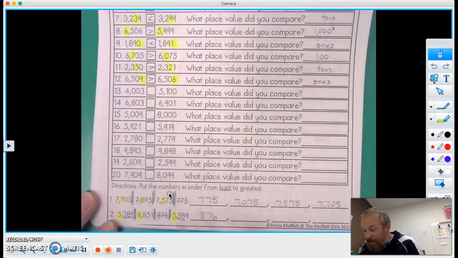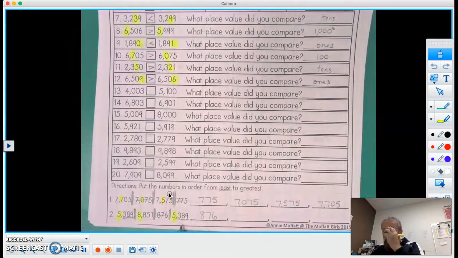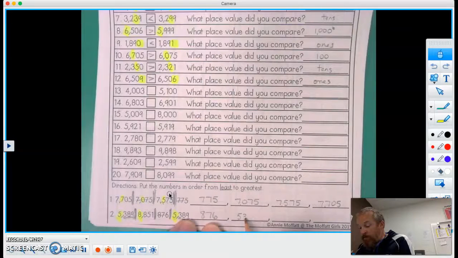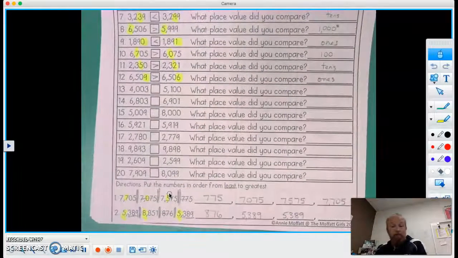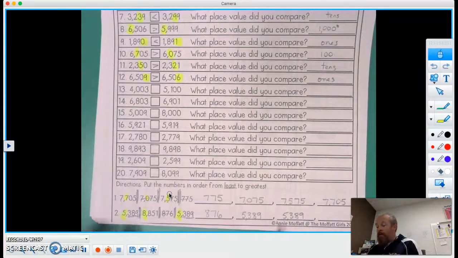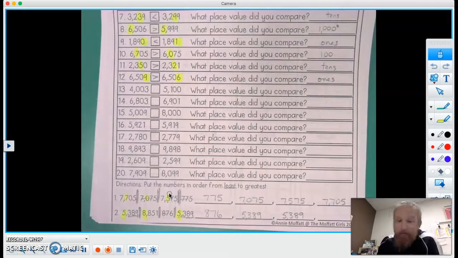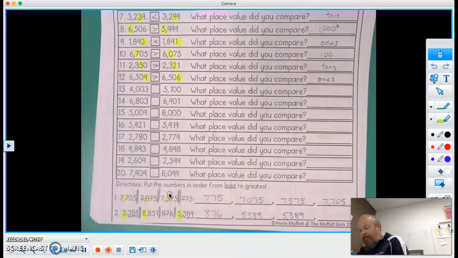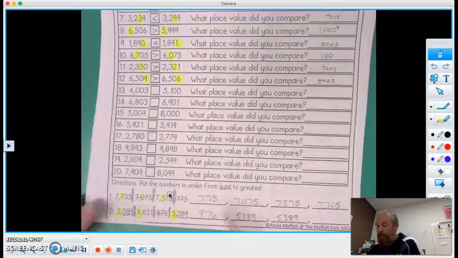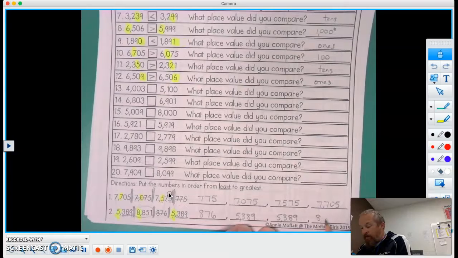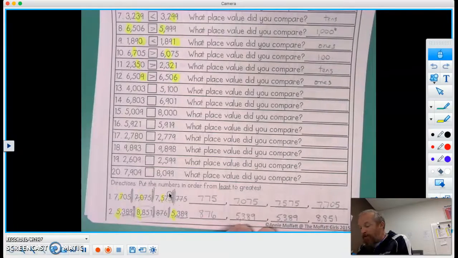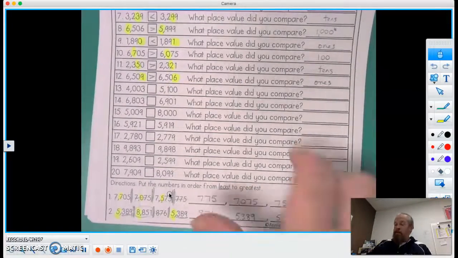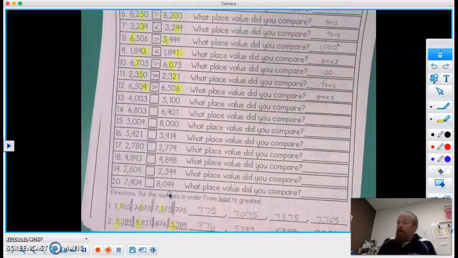All the way down, this has a 9 and this has a 9. So those two numbers are exactly equal. So we're going to write 5,389 and 5,389. Same exact number, and it doesn't matter which 5,389 you put first. All right? And our very final number, our last number, is the largest at 8,851.